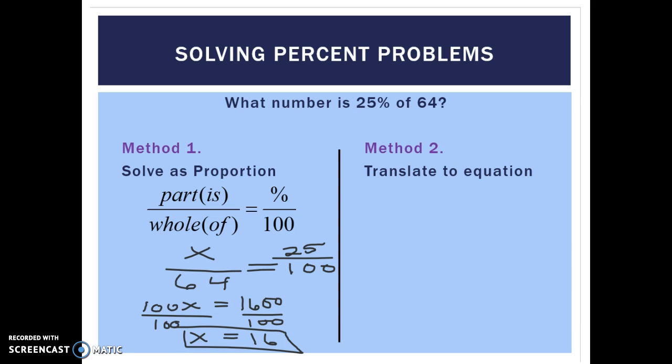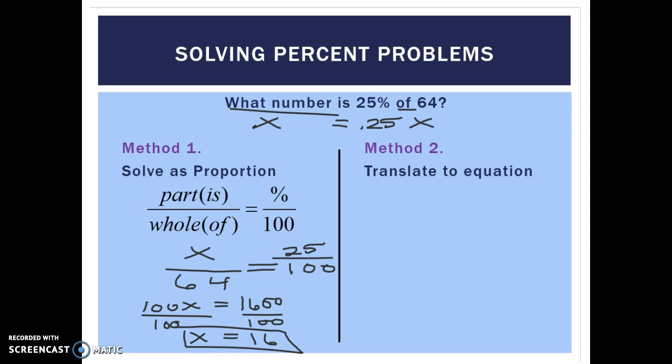The other method for solving, you can set it up as a simple equation by translating what's here into a math equation. So since it's saying what number, this piece right here is our x. Is in math means equals. And 25%, when you're working with percents, you want to use them as decimals. So 0.25.